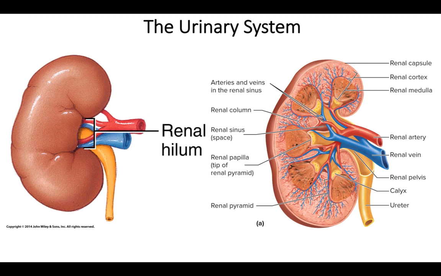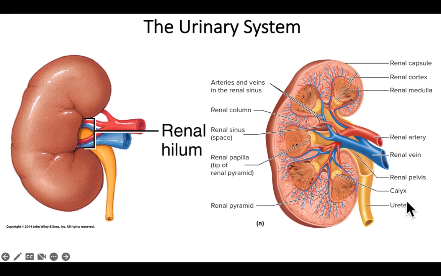So you've got to collect that in the calyxes. A calyx collects the urine. It starts to drain into this area, kind of behind these blood vessels, known as the renal pelvis. And once the urine enters the renal pelvis, it can exit using the ureter.